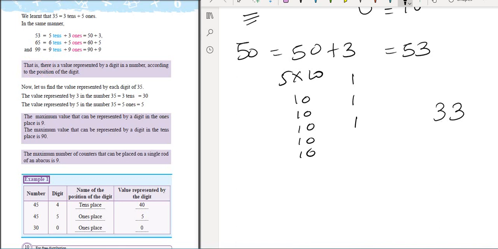So if you have 2 digits, here 33. If you have 3 digits, it goes to hundreds values. So 333. If there are 4 digits, it goes to 1000s. Next value, 3333. Okay.